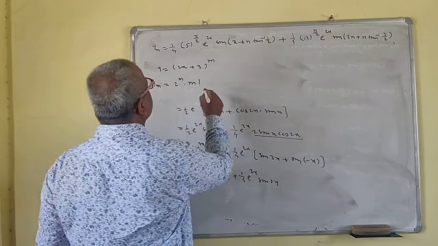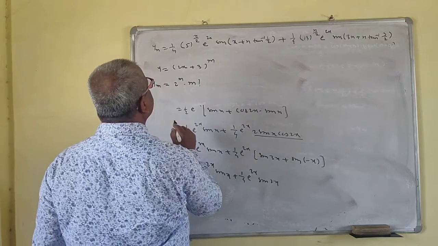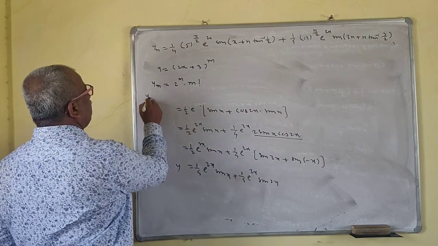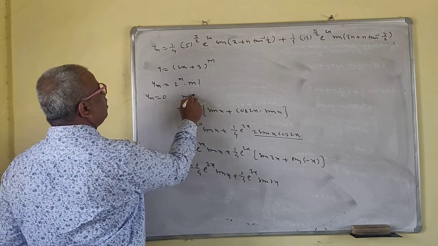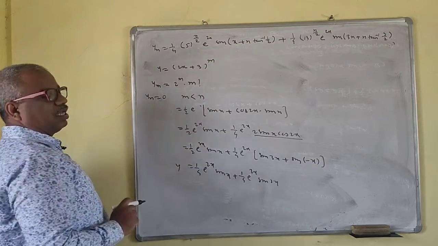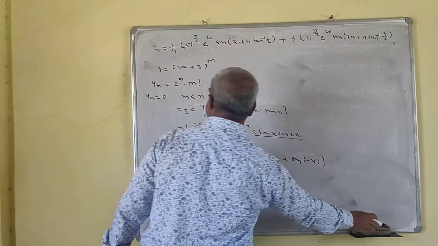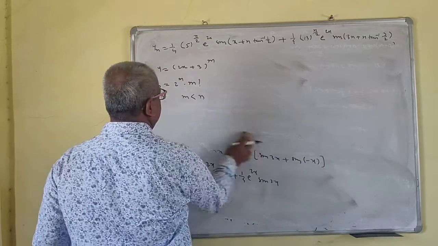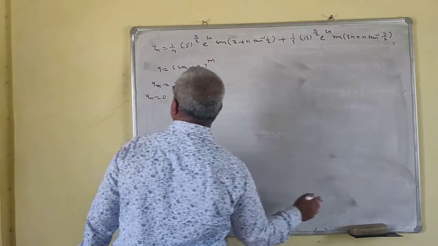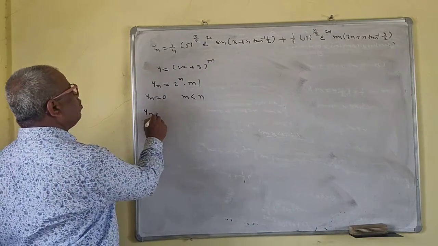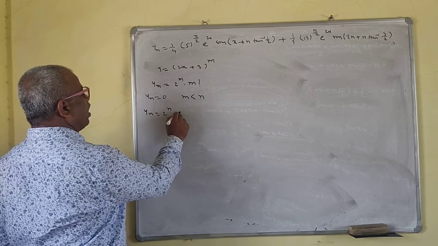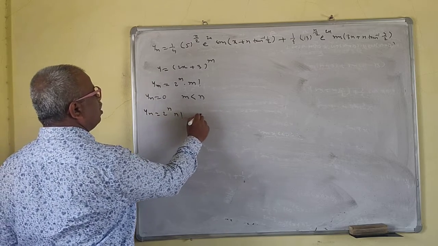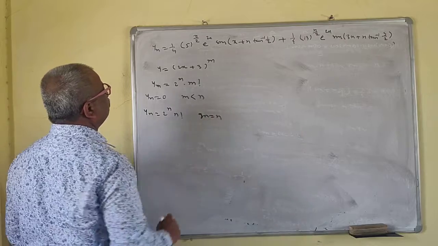So now if this is what, if ym is this, okay? If yn is equal to 0, if m is less than n, and your yn is what? 2 raised to n, n factorial, that means 2 raised to n factorial, if m is equal to n now.